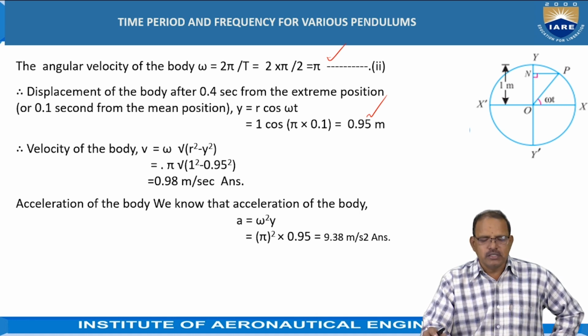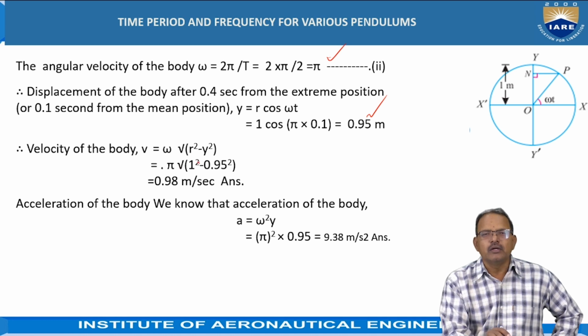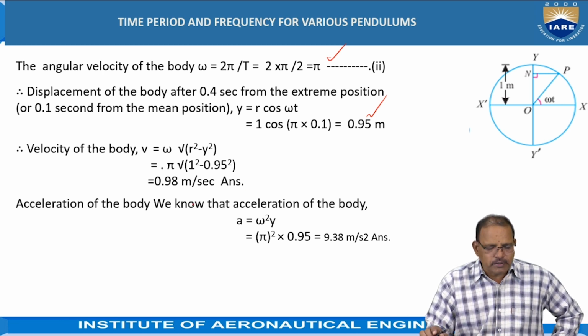The velocity of the body is v = omega into the square root of (r square minus y square). From this relationship we get pi into the square root of (1 square minus 0.95 whole square), which is equal to 0.98 meters per second.